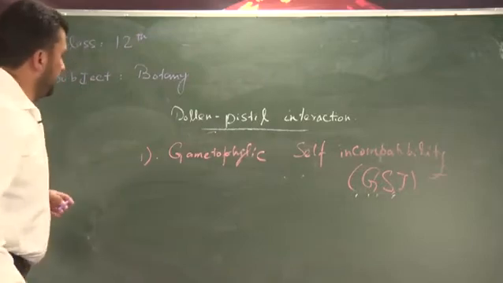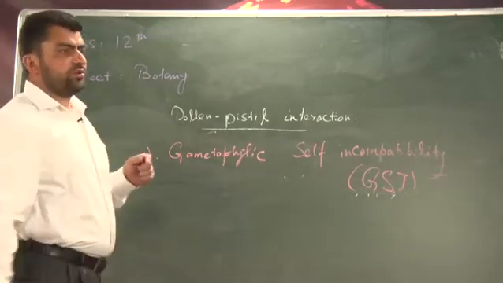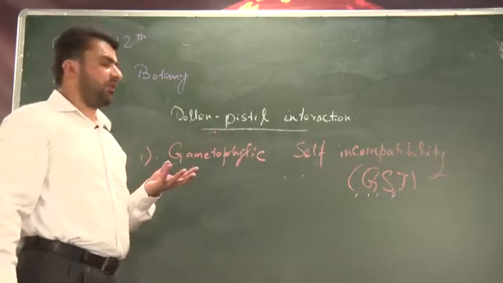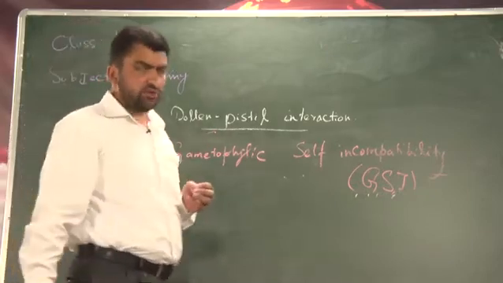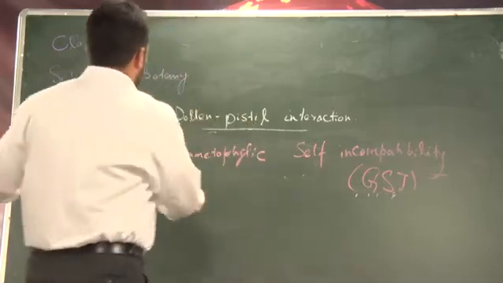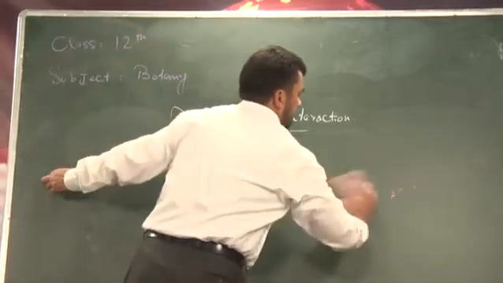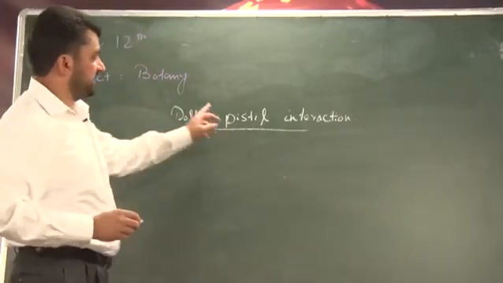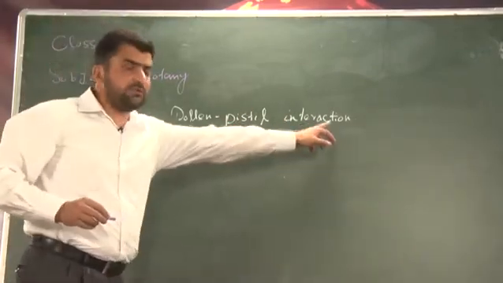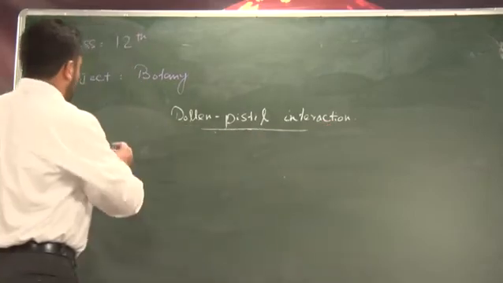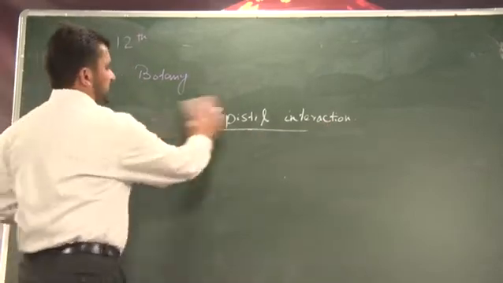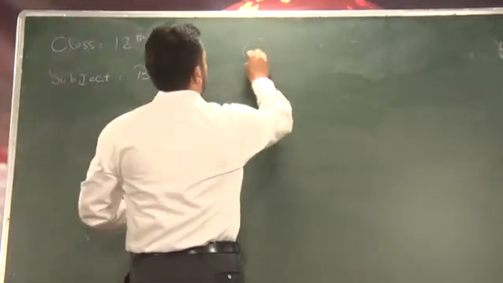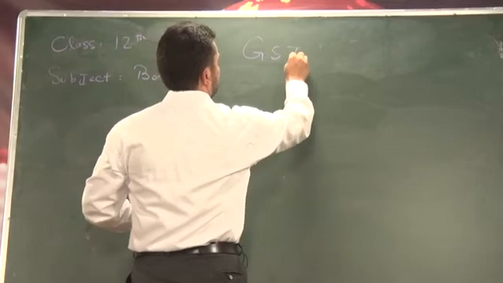I will try to give a simplified version of the molecular mechanism involved, though it is very complex. First of all, we shall discuss the pollen pistil interaction, the mechanism involved in gametophytic self incompatibility, that you call the GSI system.